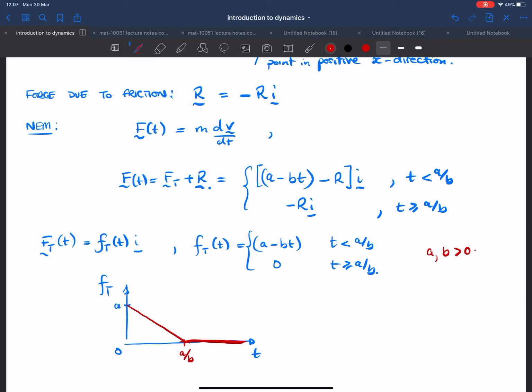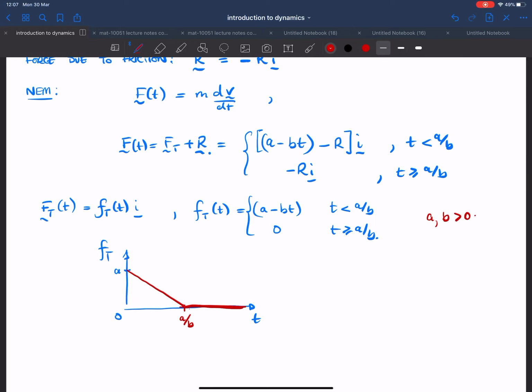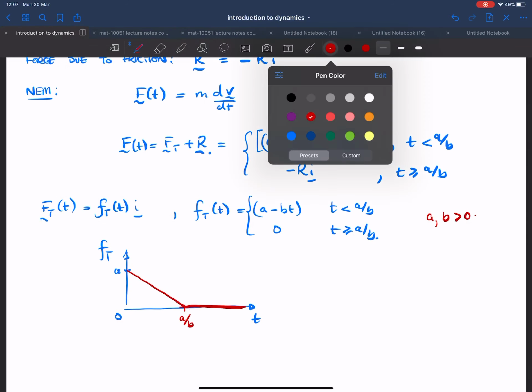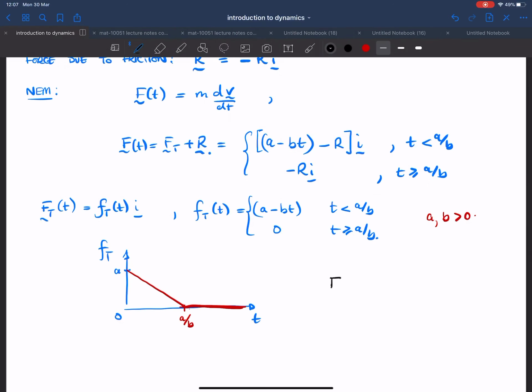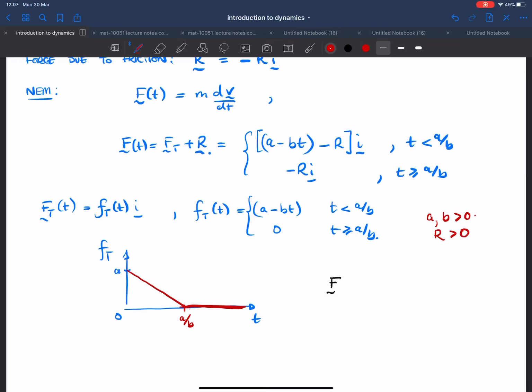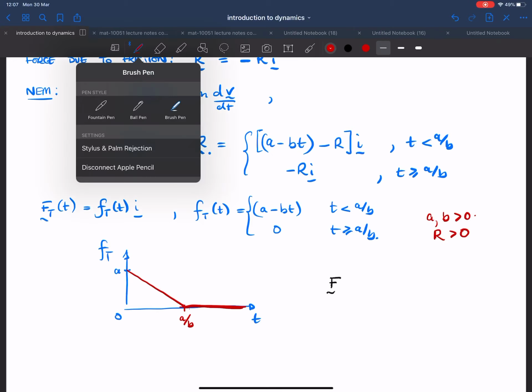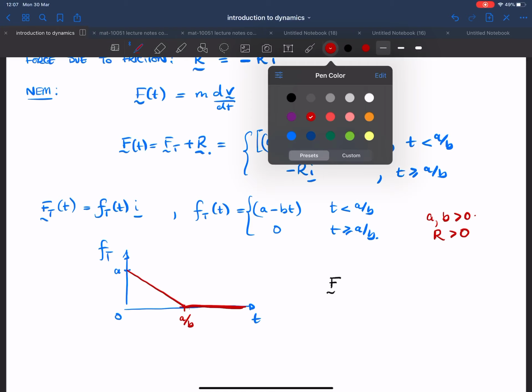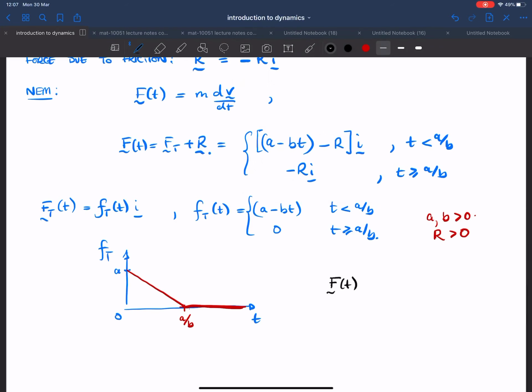Then what about capital F? Well, it's just the vector capital F. What about its magnitude? Oh, and by the way, it's probably useful to just say that R is greater than 0. R is the magnitude of the vector R. Now, here F(t) is defined by another scalar function multiplied by i.